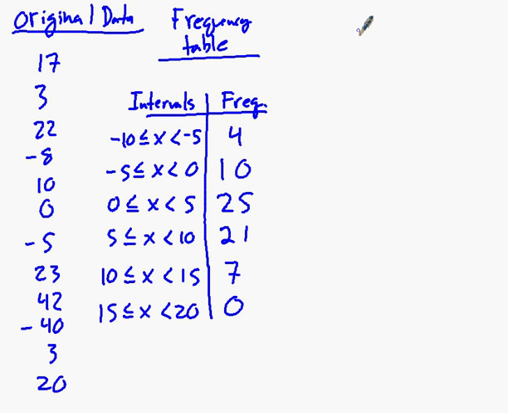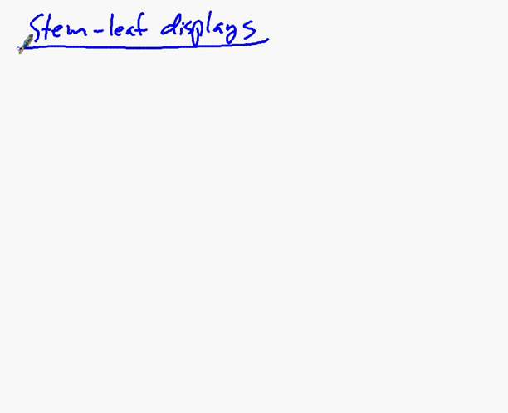Now, when we talk about stem leaf plots, I think I'm going to need a new page for stem leaf plots. Stem leaf displays are kind of another way of, they're similar to original data sets. I'm going to put some numbers up.